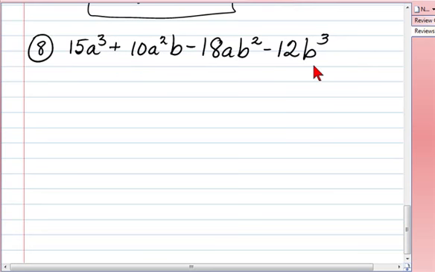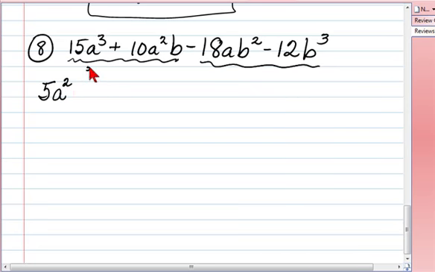But I notice there are 4 terms. So I'm going to try to group the first 2 and group the second 2. The first 2. Just looking at the first 2, do you see a common factor? Yes. Okay. Do you see a 5? They both have a's. I can take actually an a to the second.